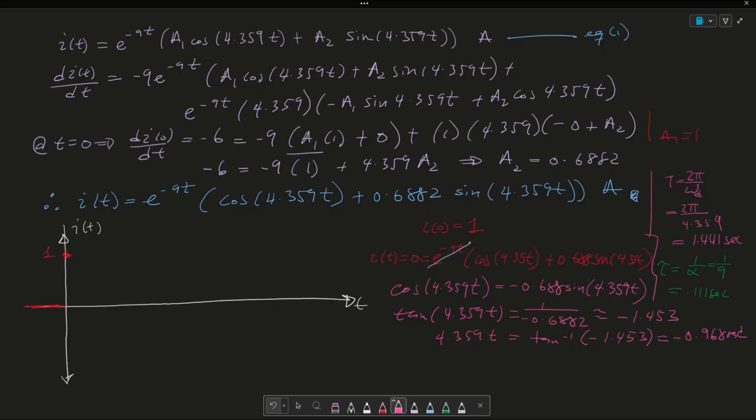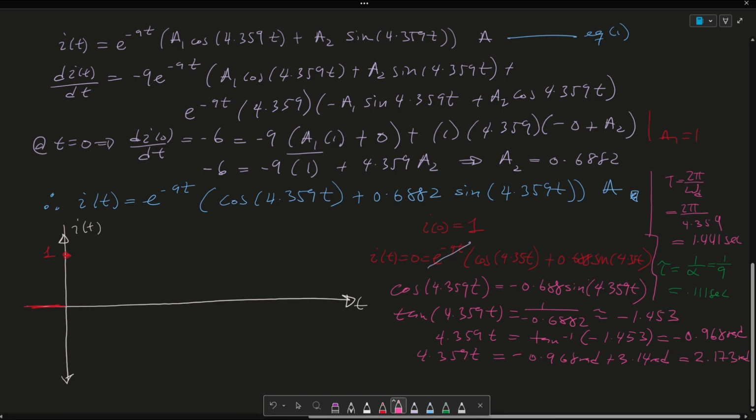Since tangent repeats every pi radians, or 3.14, we add pi to this value here. So essentially, 4.359t is equated to minus 0.968 radians plus 3.14 radians, which is equated to 2.173 radians.